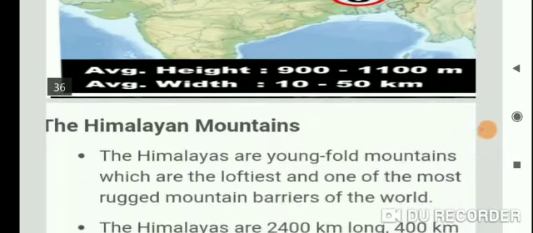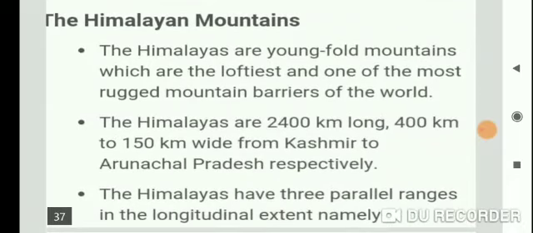Now next, I have already discussed that the Himalayas are young fold mountains, which are the loftiest, meaning the highest, and one of the most rugged mountain barriers of the world. The Himalayas are 2400 km long and 400 km to 150 km wide from Kashmir to Arunachal Pradesh respectively.